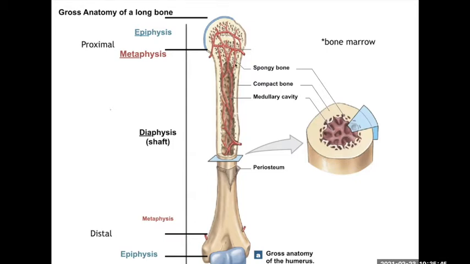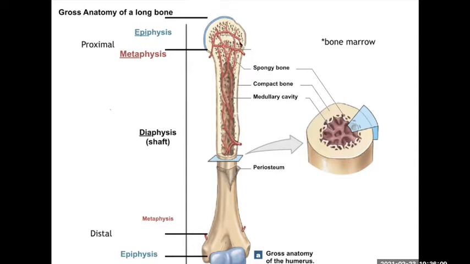As far as the bone tissue itself, you have two different types. You have compact bone surrounding the outside, and then you have the spongy bone on the inside. As we'll see, they're similar material, it's just organized differently.